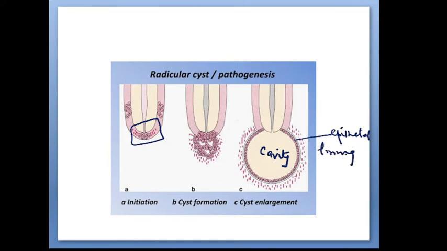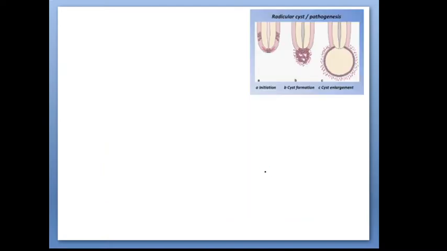And number three, it has a capsule. This cavity contains different contents, mostly in the form of liquid. So let us discuss these three phases one by one.